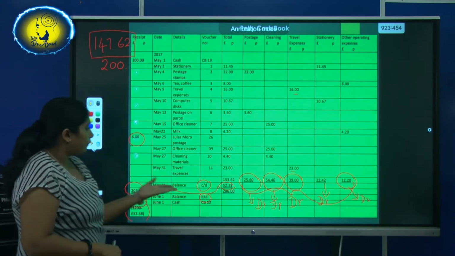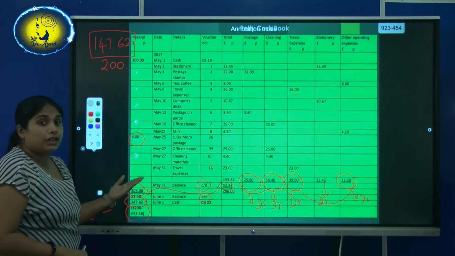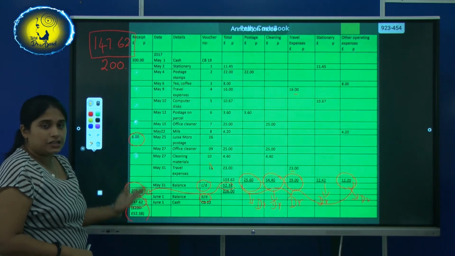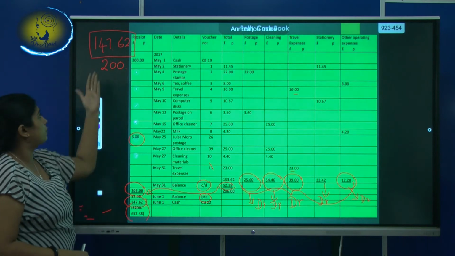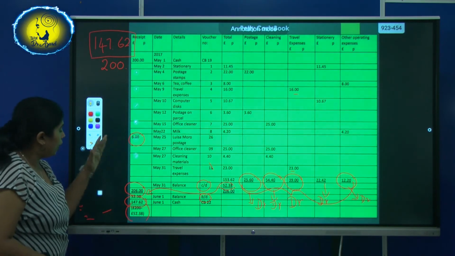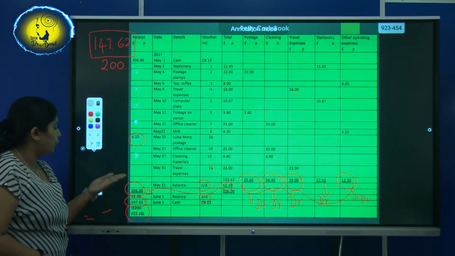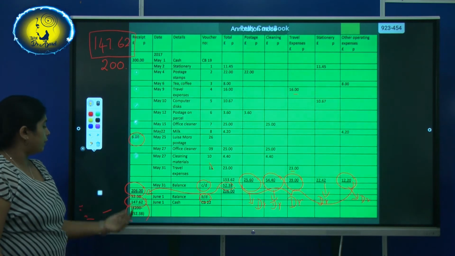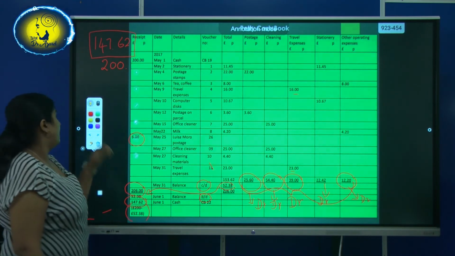So children, after you record and tally this, don't forget to reimburse, because definitely before you start the next month, you should update your value to the cash float. According to this, the cash float is 200, you have 52 and 38 pence, so from the main cashier you have to ask for 147 pounds and 62 pence.